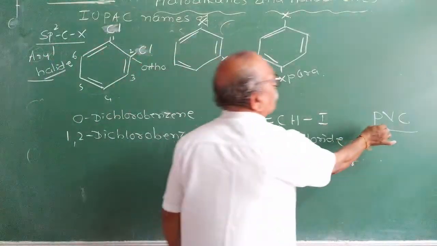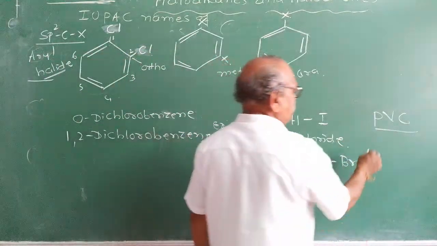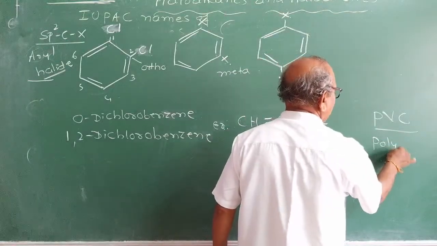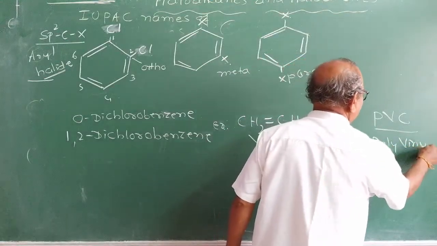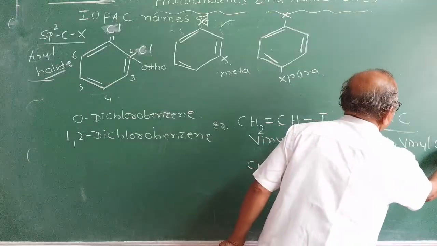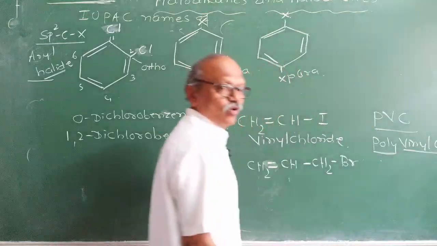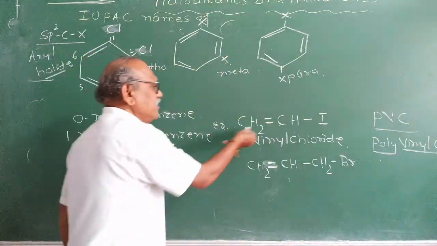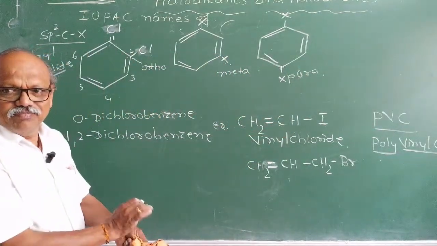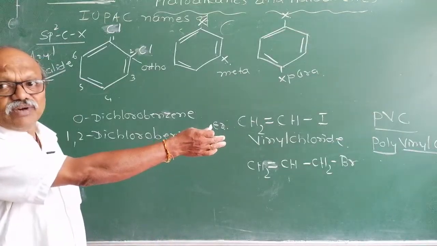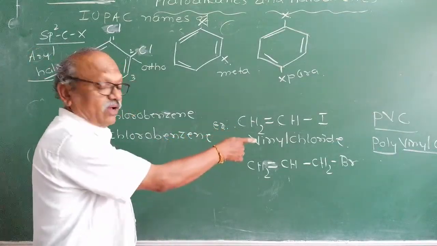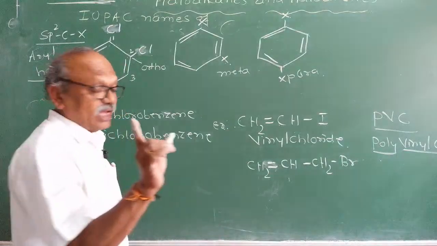PVC long form is polyvinyl chloride. The monomer of PVC is vinyl chloride. PVC pipes, PVC sheets you are using, no? This is the monomer. This name is a common name.